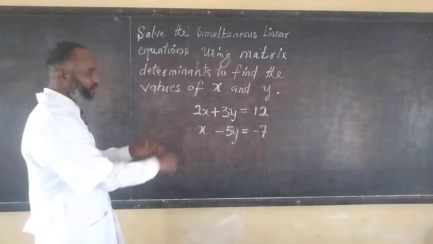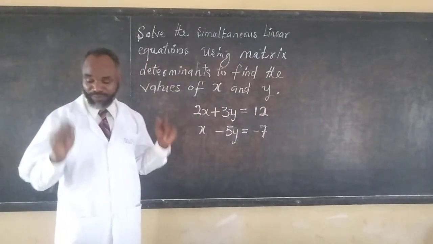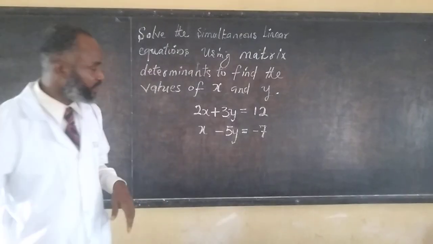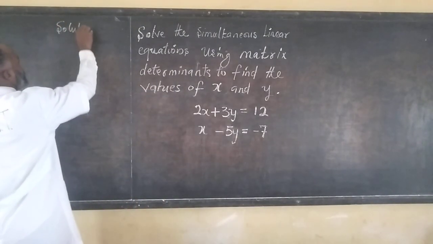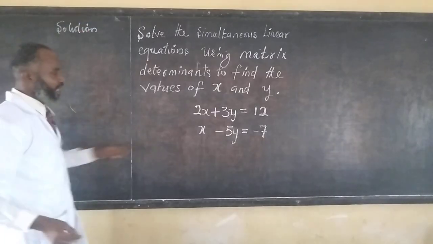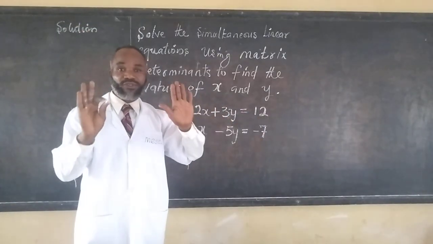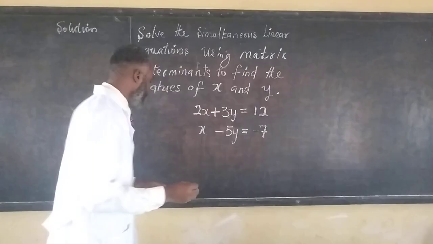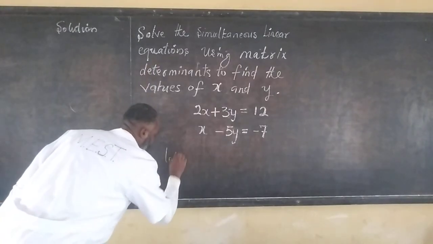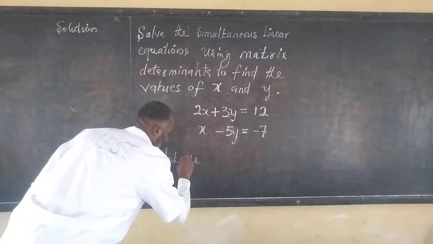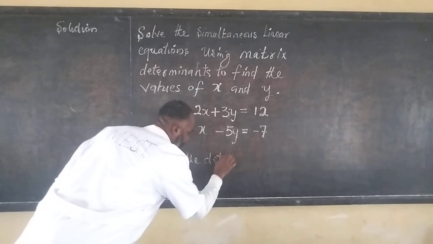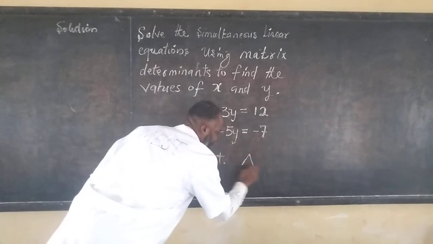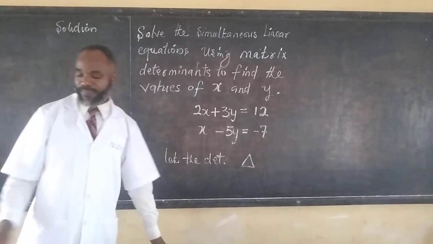So when you see something like this, what comes to your mind? Very simple. What you need to do is, first of all, we put down our solution, right? And then find the determinant. The first thing to do is to find determinants. So we will now say, let the determinants represent this.